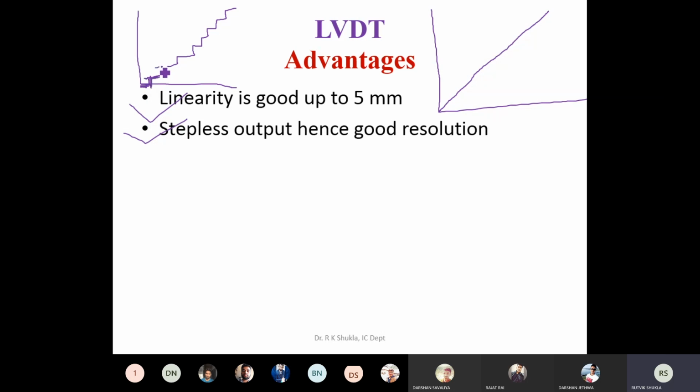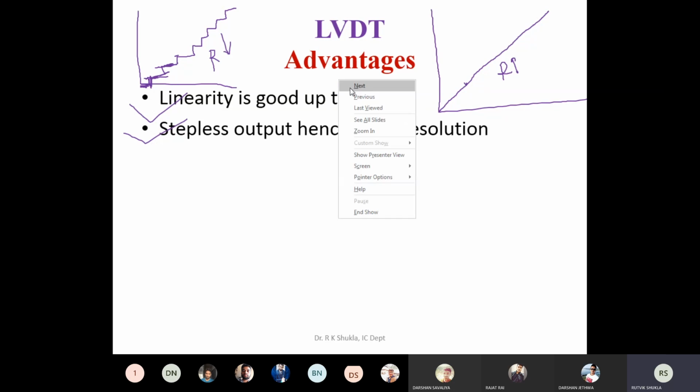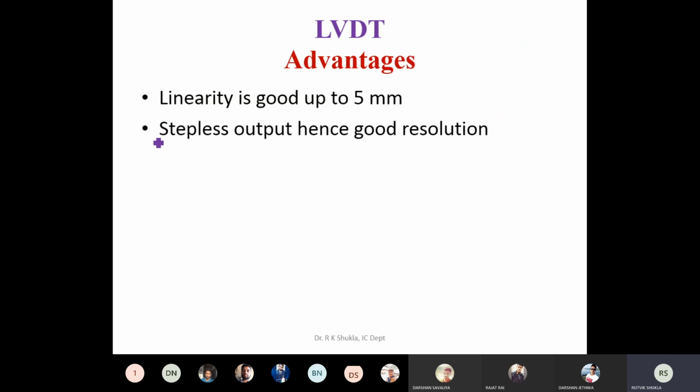So it means with LVDT, you are getting a stepless output, meaning you are achieving a higher resolution. The resolution of this particular arrangement is less, while in this case it is maximum, because for each and every individual point you have a change in the output. But here, unless input changes by this much value, your output is not going to change. So the resolution is poor in case of stepwise output, but in case of stepless output, you are expecting a higher resolution.